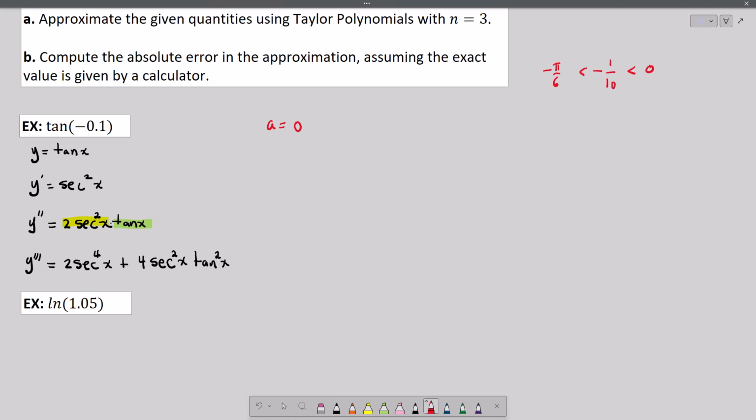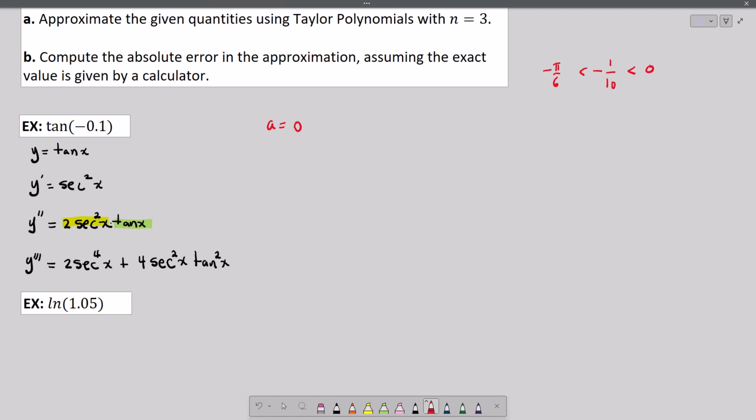So that's about negative 1/2, right? Pi is about 3. 3 divided by 6 is about half. So these would be the 2 values that you could look at. 0 is closer to negative 1/10 than this is. If you plug this one into your calculator and get a decimal approximation, you'll see that 0 is closer to negative 1/10 than negative pi over 6 is, because negative pi over 6 is close to 0.5.